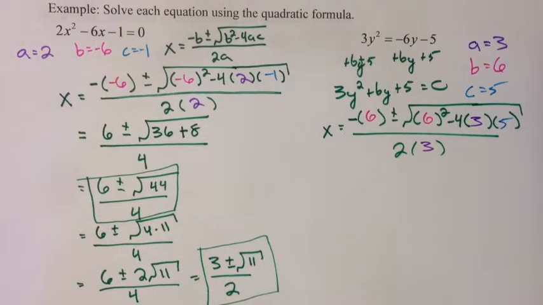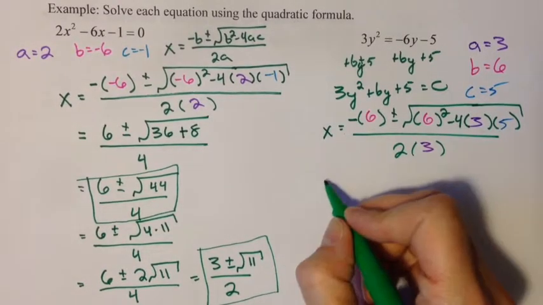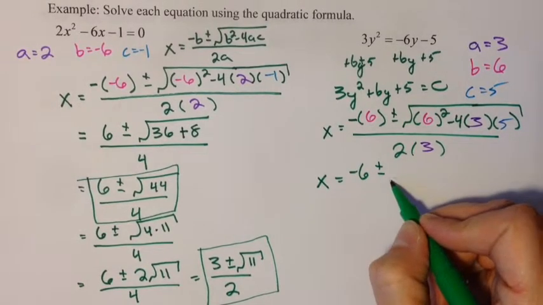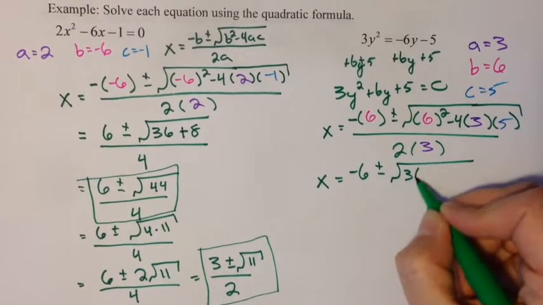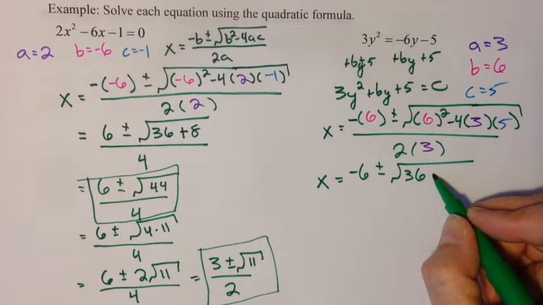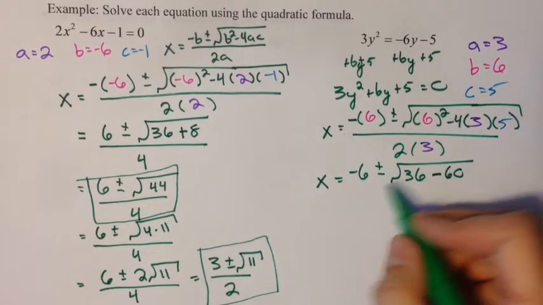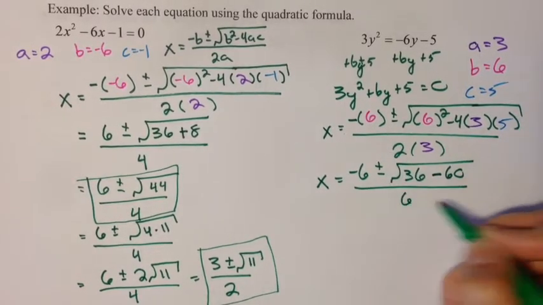Now I just need to work on simplifying this as much as I can. I'll have x equals negative 6 plus or minus the square root of 36 minus, let's see, that'll be 60, all over 6.